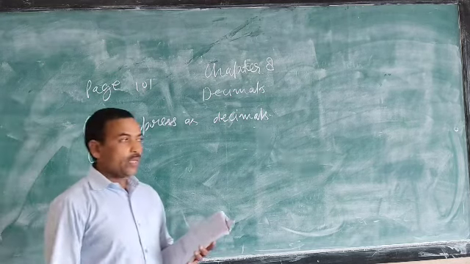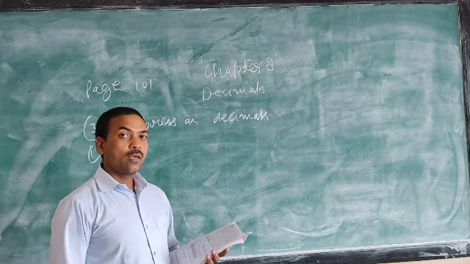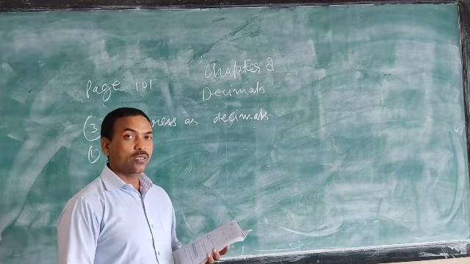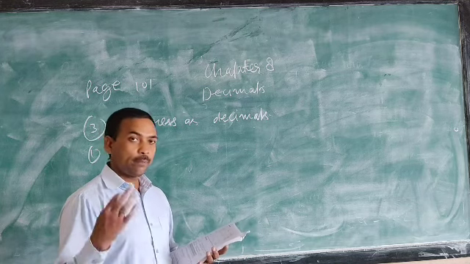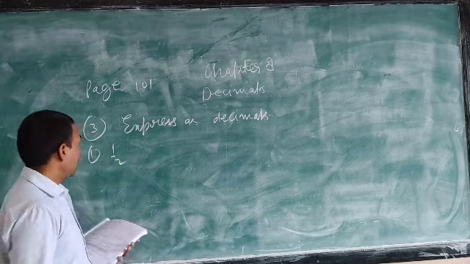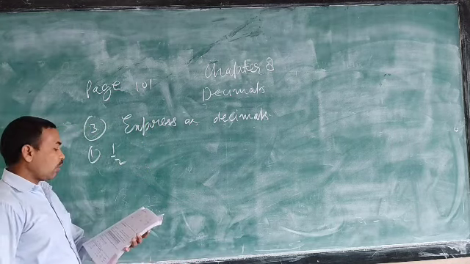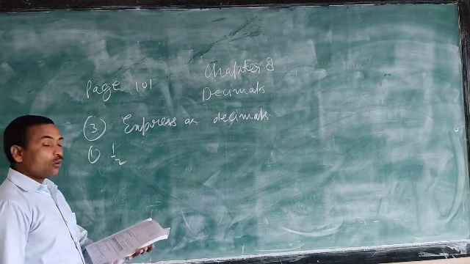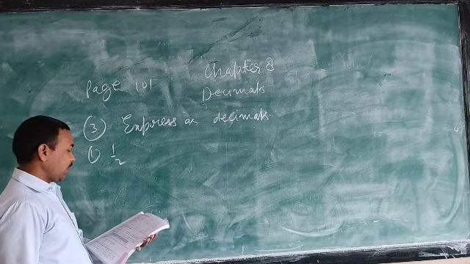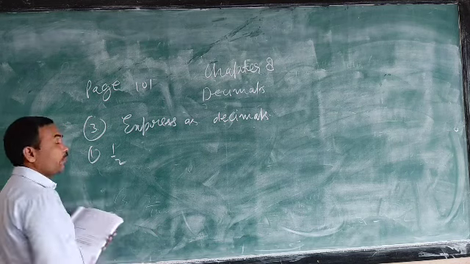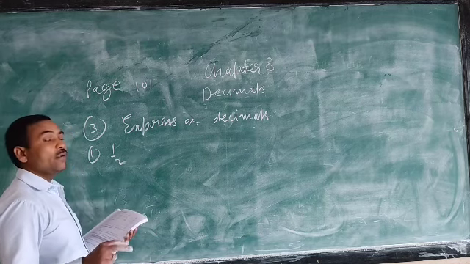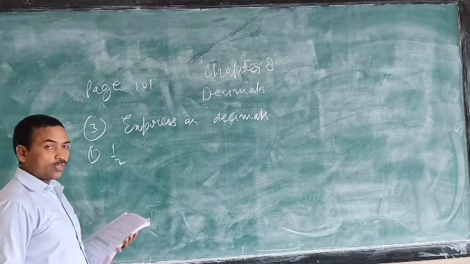Children, you may easily express any fractions whose denominator is 10, 100, 1000, 10,000 in decimal. Here this fraction's denominator is not 10. So how can any fraction be converted into decimal? First you make this denominator 10 or 100 or 1000.